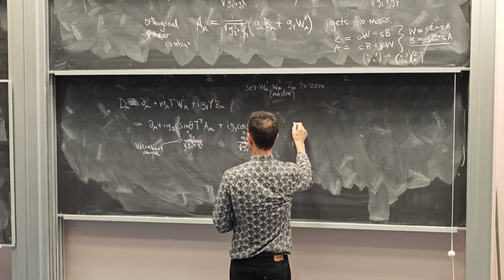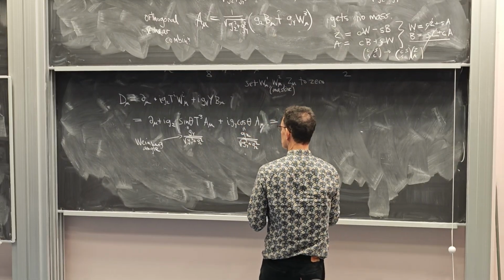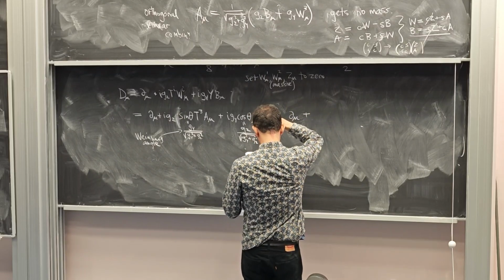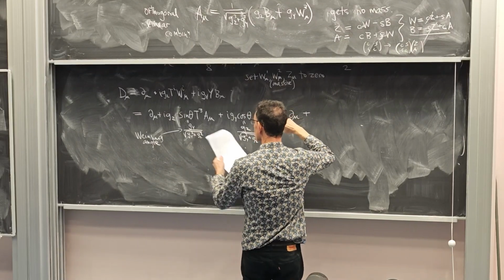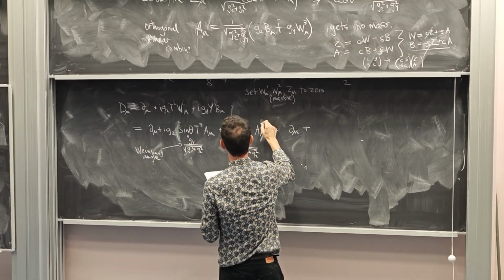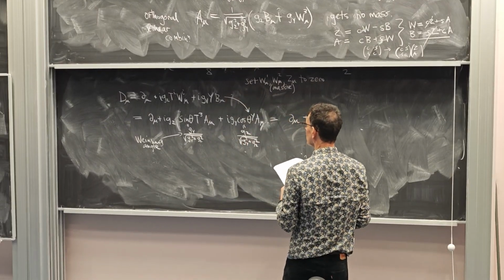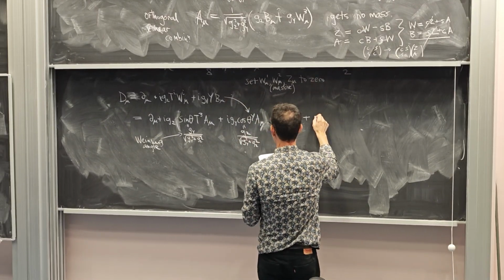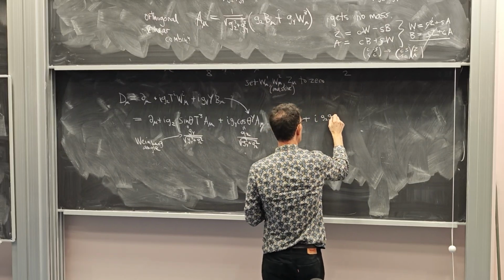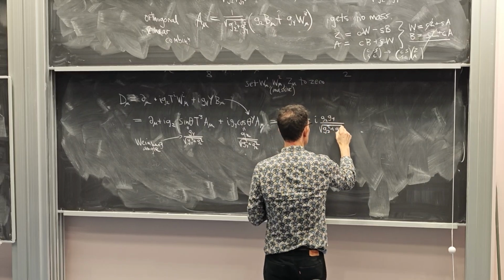So this is actually equal to B mu plus, now let's see, yes, that's right. We've got the T3, good. This should have come with a Y. I left out the Y. Right, so what we've got is i g2 gY over the square root of g2 squared plus gY squared.